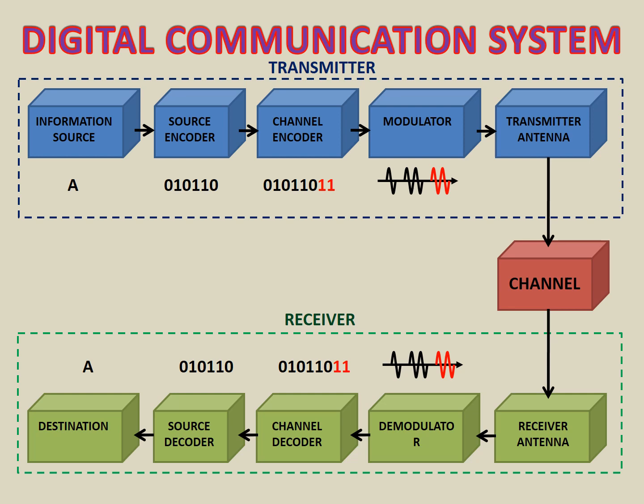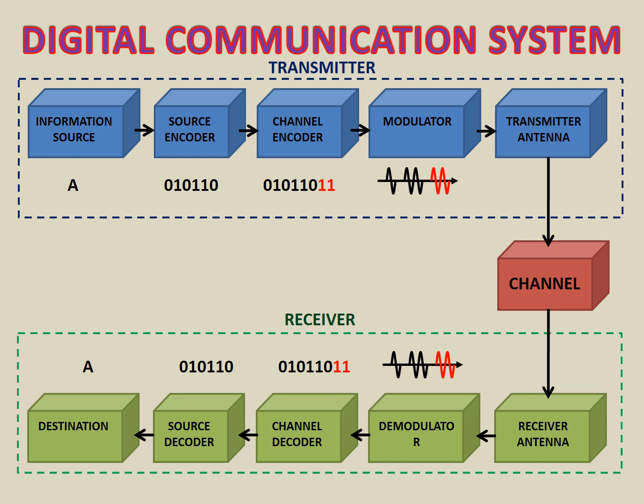Information source generates information in the form of an analog signal. Source encoder converts the analog signal into a digital signal, means analog to digital converter. Channel encoder adds the address bits into the information.